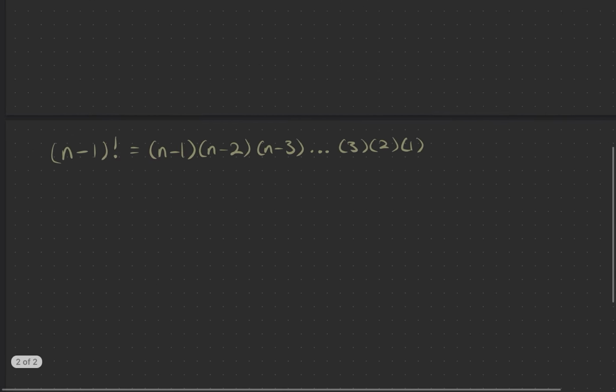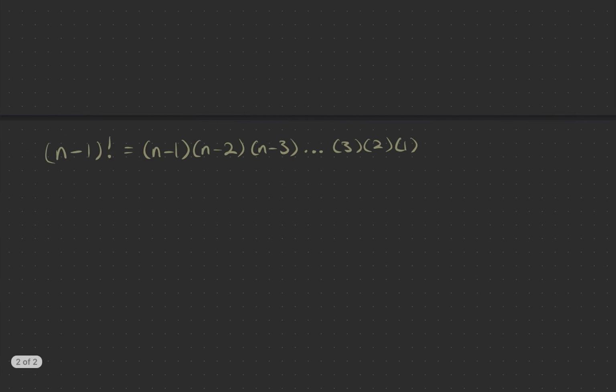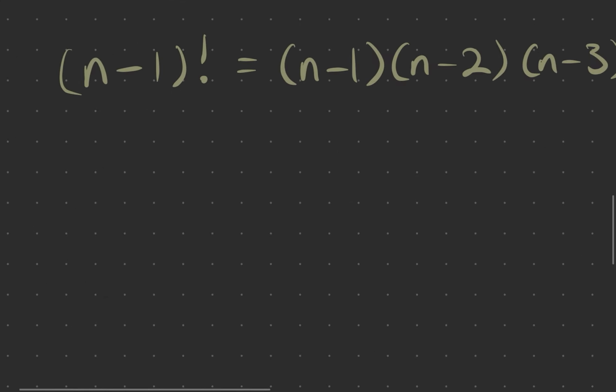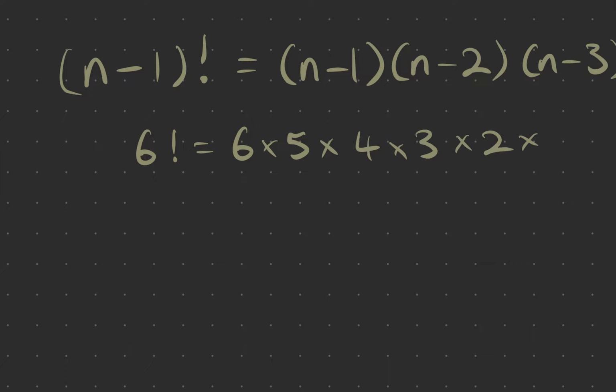Well, I'm not going to expand this, I'm just going to leave it like this. So that's n minus 1 factorial. Now let's try 6 factorial. 6 factorial is 6 times 5 times 4 times 3 times 2 times 1. For this, you can just use your calculator to find the answer. The answer is 720.